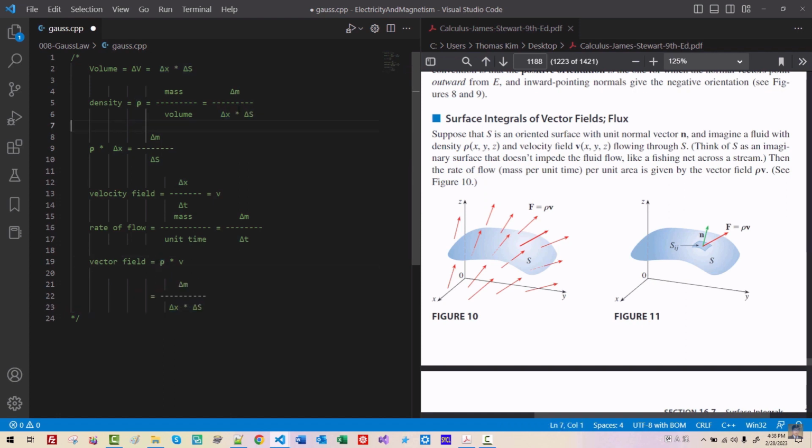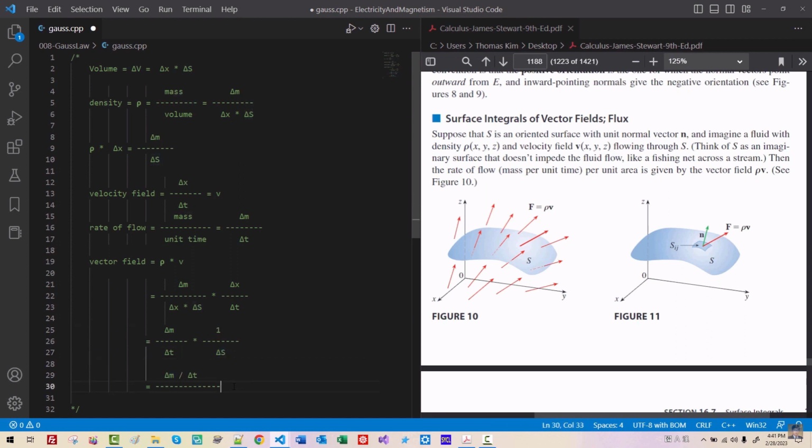This is rho, our density, times V. We defined velocity field V here as delta X over delta T. We cancel out delta X. Then we have delta M over delta T, times 1 over delta S. With this, we can say delta M over delta T is this part.